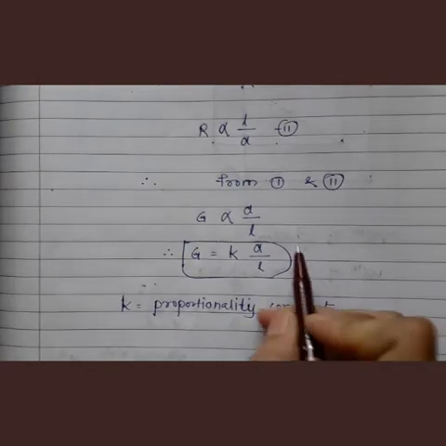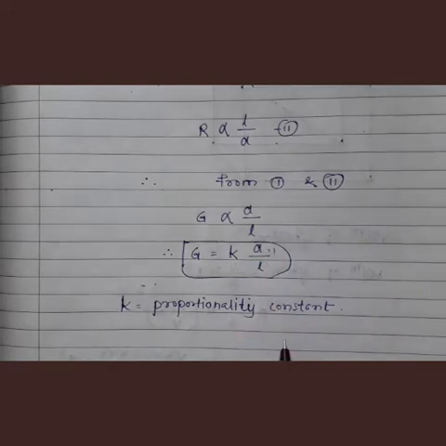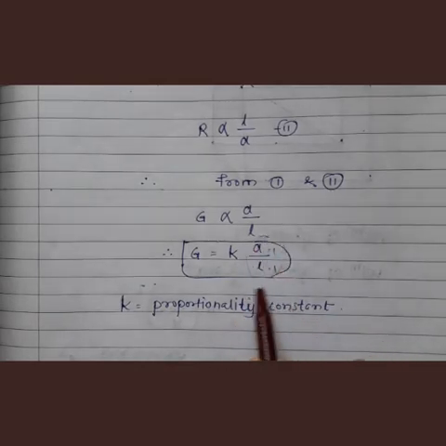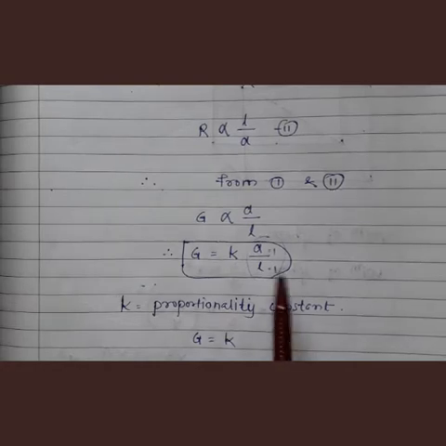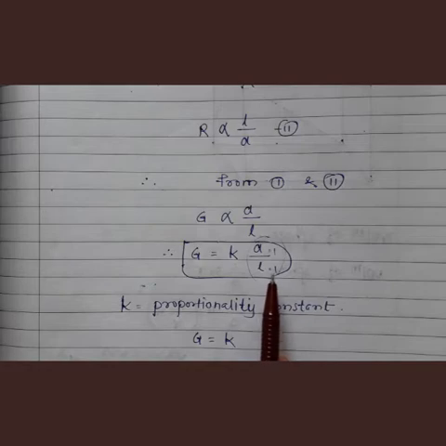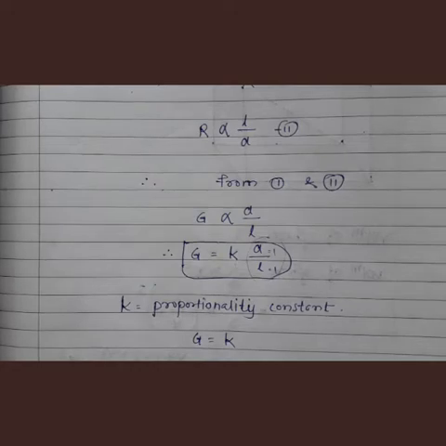Now suppose the cross sectional area of the conductor is equal to 1, it is unity, and the length of the conductor is also equal to 1, so this whole term A upon L will become 1. In that case G is equal to K. When cross sectional area and length of the conductor are unity, G is equal to K, and the proportionality constant K is called conductivity.